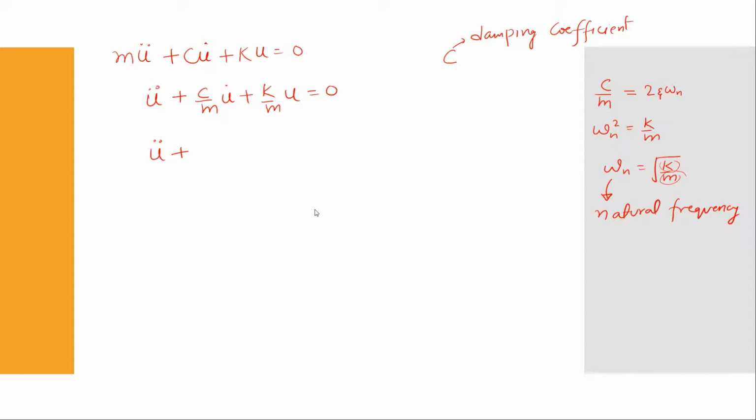And c by m is equal to 2 xi omega n, and we can write xi as c upon c cr. This xi is called the damping ratio.